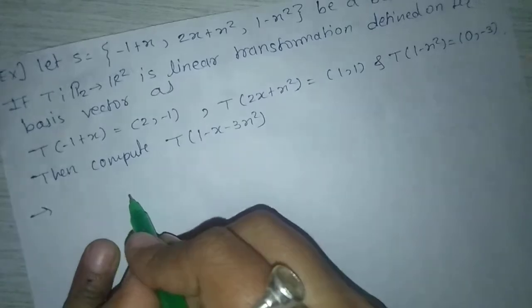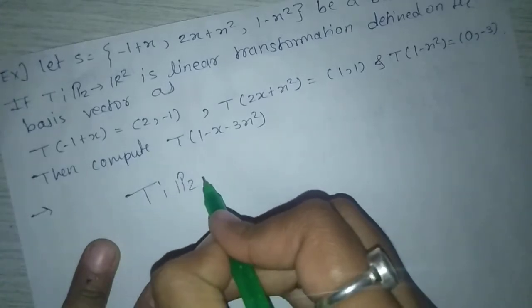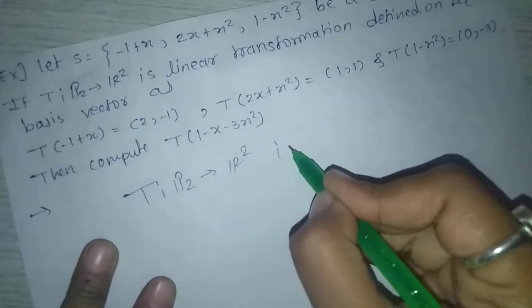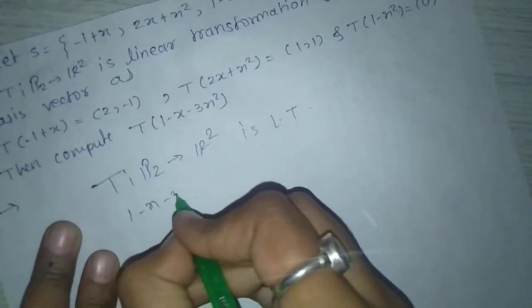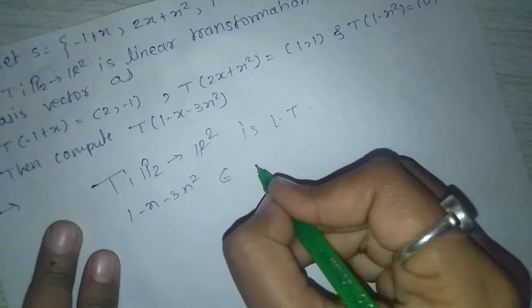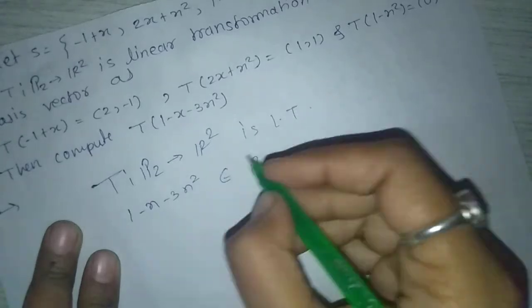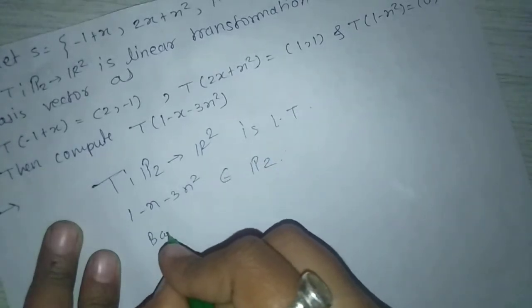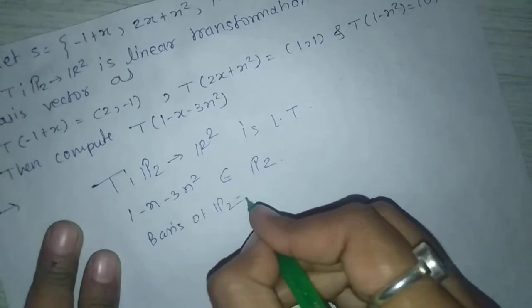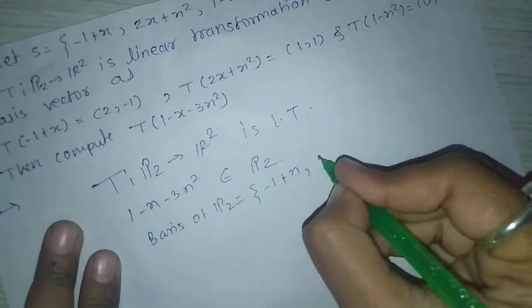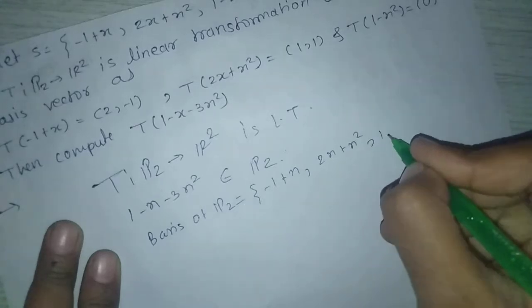First, T mapping P2 to R2 is a linear transformation and 1 - x - 3x² belongs to P2, and the basis for P2 is -1 + x, 2x + x², 1 - x².